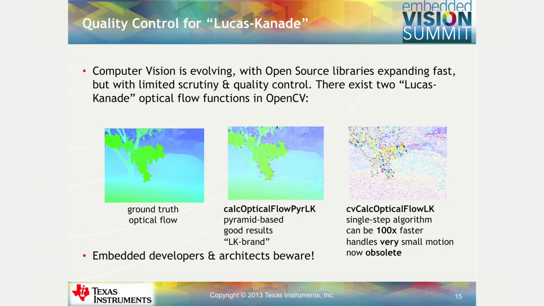When you take a closer look, you find out that it's a single-step algorithm, so it's not the Lucas-Kanade iterative method. Because of that, it can be up to 100 times faster, but it can only handle very, very small motion. In this particular case, it's not even able to produce these synthetic flow outputs. And it turns out, in OpenCV, as of today, it's already obsolete.